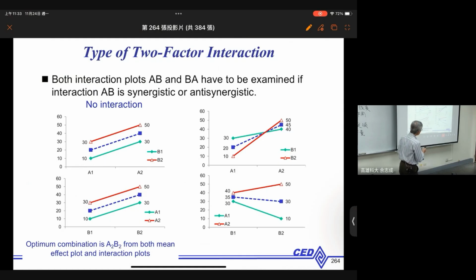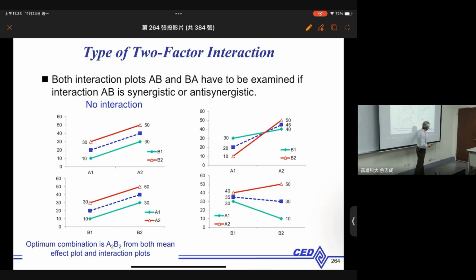However, if there is an intersection, 交叉, if these two lines have an intersection, then these two lines have an anti-synergistic interaction. Why? You can change the horizontal axis to B, and you can see that these two lines have different slopes.